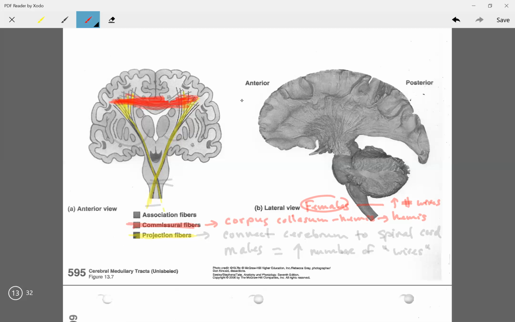Some men are multitasking and some women are not, and some women are very compartmentalized, so they focus on one thing at a time. Okay. And same with the hormones.